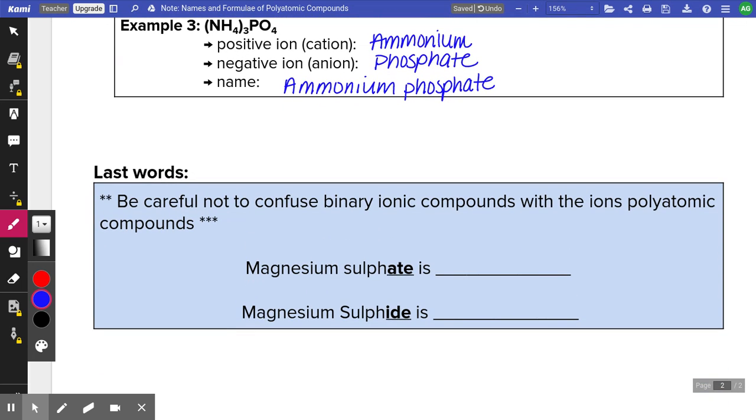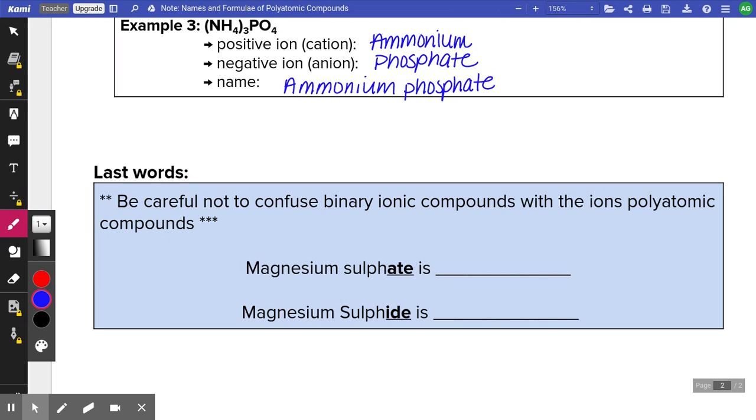All right, last words of advice. Be careful not to confuse binary ionic compounds with polyatomic ionic compounds. This is just reminding you that in the case of binary ionic compounds that we talked about earlier, the ending is going to have an "-ide" ending.